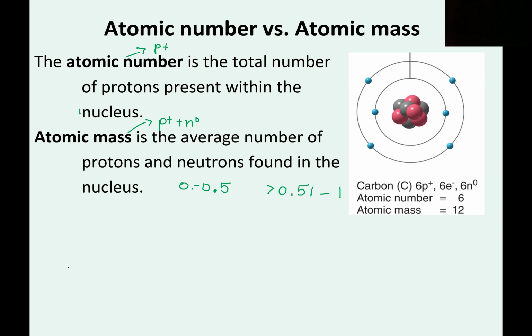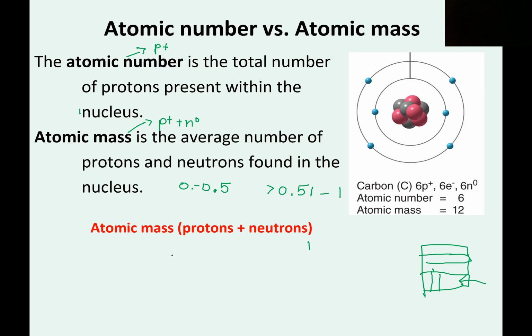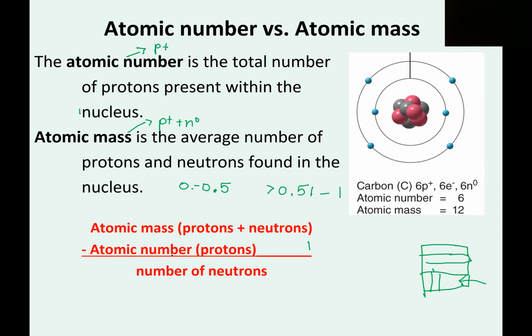Okay, on that small periodic table, you have 4 rows. In the bottom row, you have 2 boxes that are filled in, and then you have this big empty box here. In that box, you need to put this equation. Atomic mass minus atomic number tells you the number of neutrons.